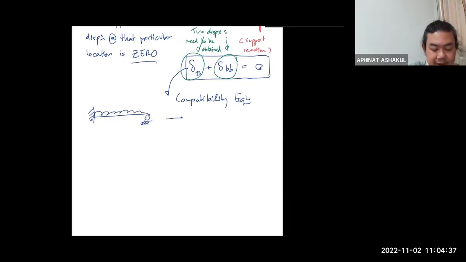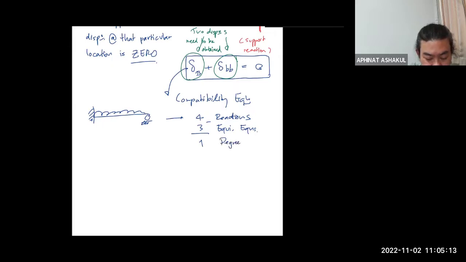How many reactions do we have? 4. We have 4 reactions. How many equilibrium equations do we have? 3. So 4 minus 3 is equal to 1. The number of reactions that exceeds the number of equilibrium equations we call the degree of redundancy.